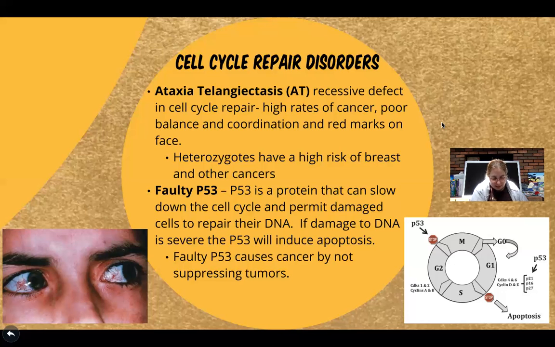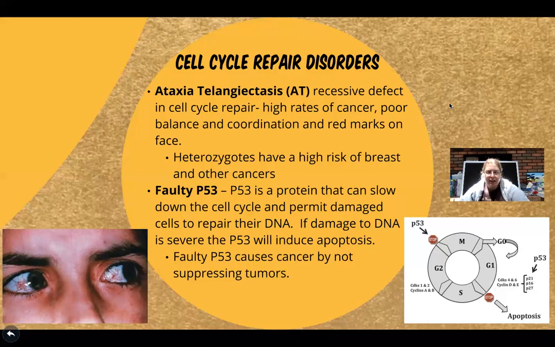So it's not quite the uncontrolled cell growth that cancer is, but because of the lack of checks, it can lead to very high likelihoods of different types of cancer. It can also affect balance and coordination because of how it can affect the brain cells and nerve cells. And there also do tend to be red marks on the face and in the eyes, which you do see a little bit here on this picture.